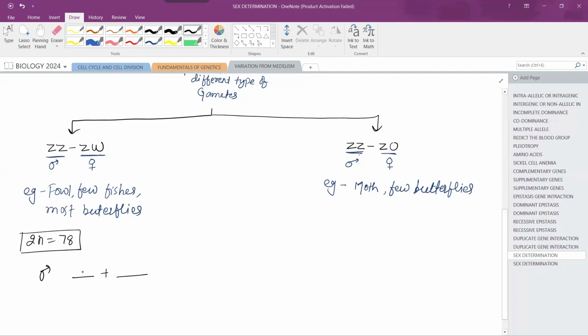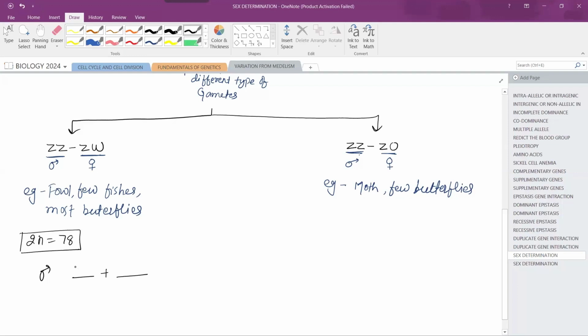I'm not asking about the gamete. Male genotype of a normal somatic cell, not the gametic cell.